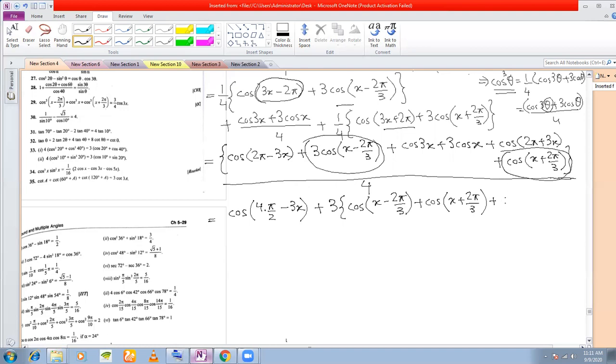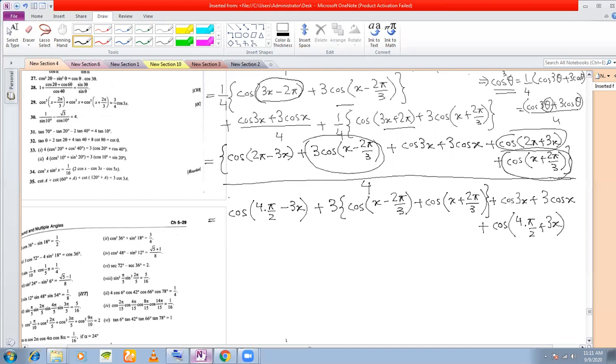Plus cos 3x is left, plus 3 cos x is left, and plus this cos (2 pi plus 3x), which I write as cos (4 into pi by 2 plus 3x).